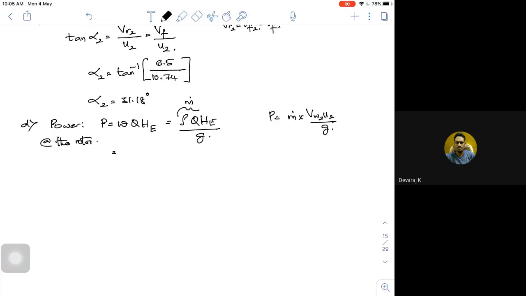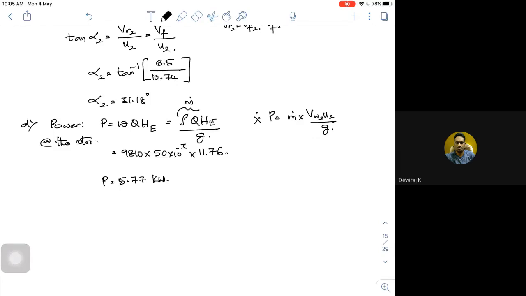So your omega is equal to 9810 for water, into discharge 50 into 10 to the power of minus 3, into your Euler head 11.76, which you already calculated. So the power is 5.77 kilowatts, which will be the same whichever formula I use.